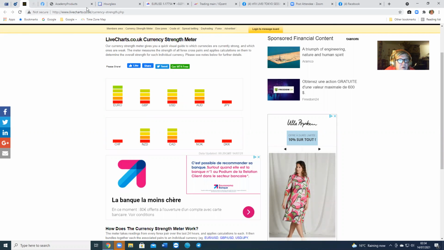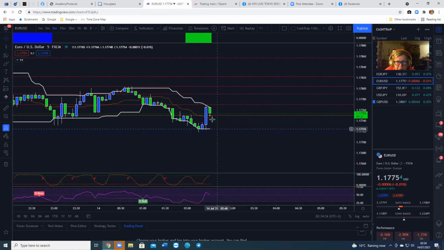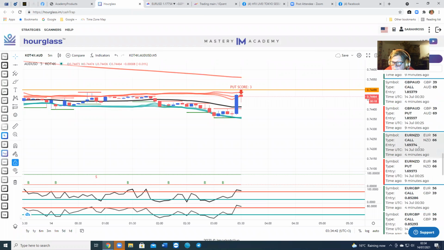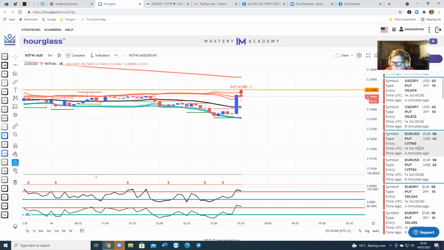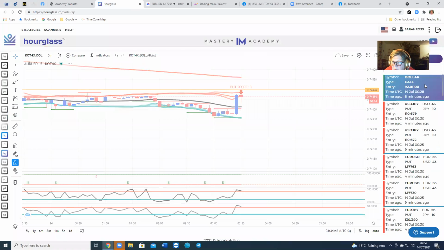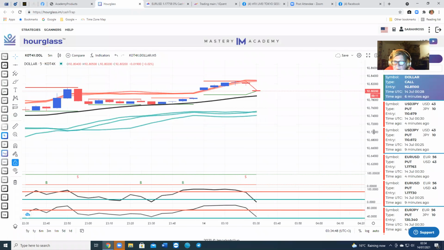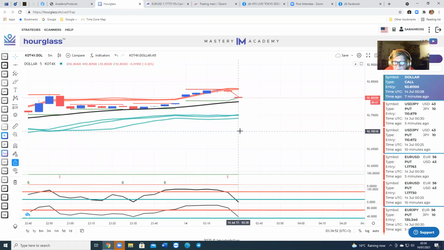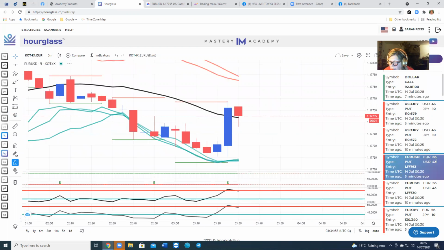It's only a little bit stronger. Just got it coming back to that quarter theory. Does HourGlass say? It says the dollar is a call. So that means the euro should be selling 56 to 43 there.